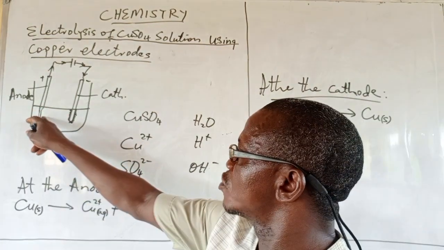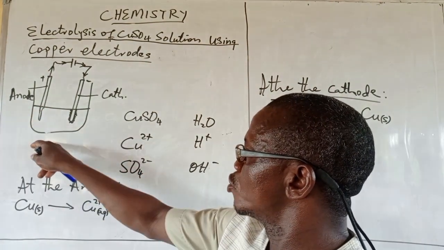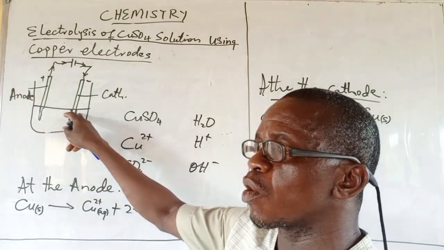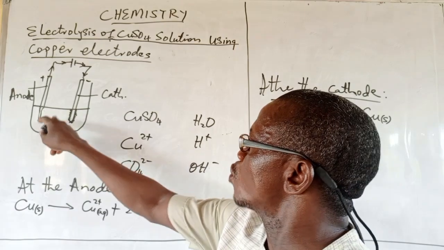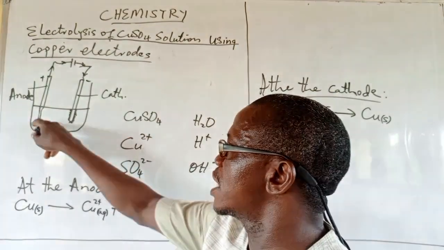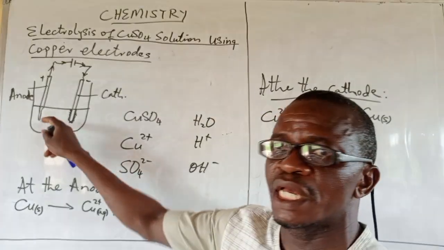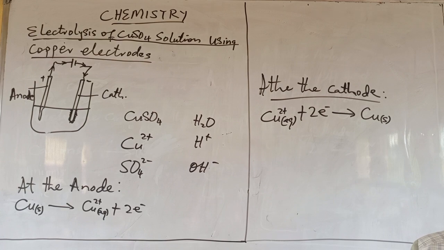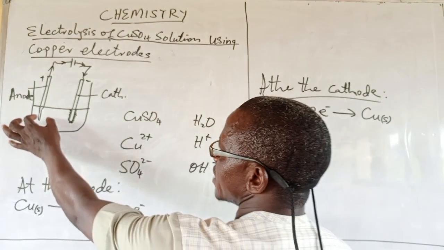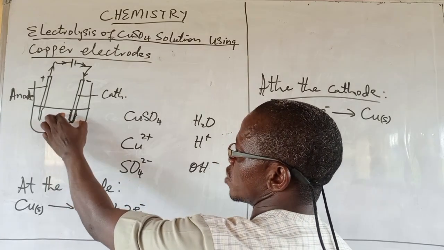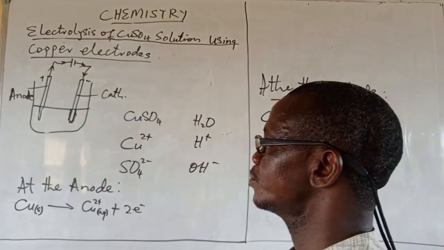And so the electrode is dissolving and going into the solution, and another one is going out from the solution. So you still have a complete number of copper(II) ions in the electrolyte. So nothing happens to the color of the electrolyte. The concentration and the color remain constant. The only thing is that the size of this electrode is reducing, while the size of this electrode is increasing.